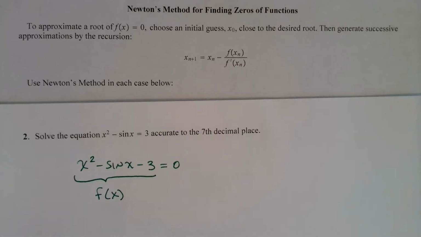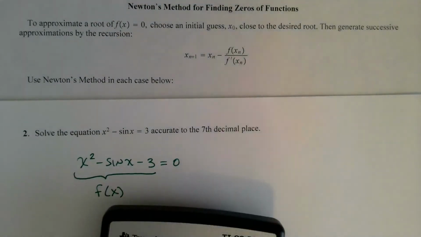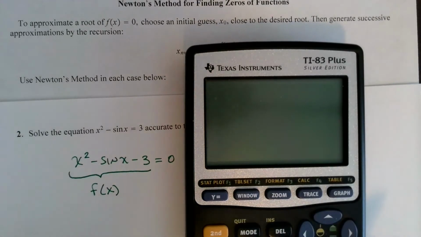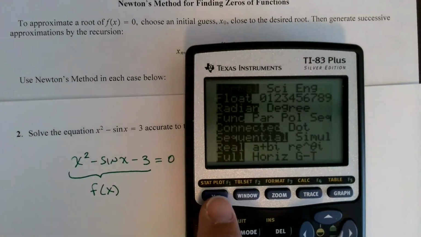Now, if you actually graph this function, you'll see that there are a couple roots. And so let's just take a look at the graph of this function real quick. It's a trig function. I want to make sure I'm in radian mode, which I am.